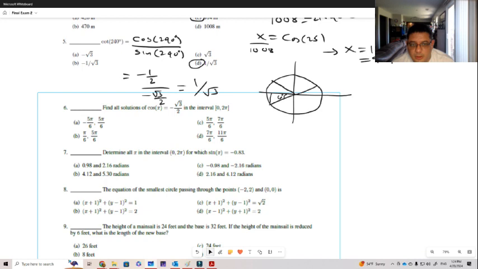Yeah, this is the cosine. No, it's going to be 5 pi over 6. Five pi over 6. Yeah, so 30 degrees, pi over 6.